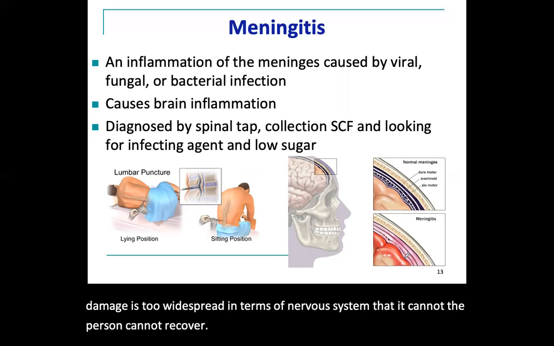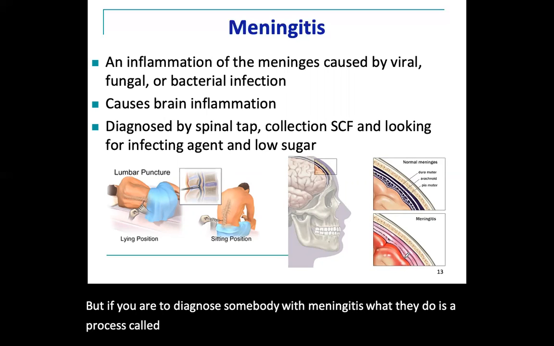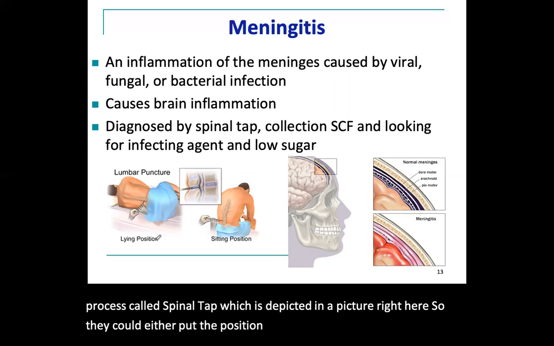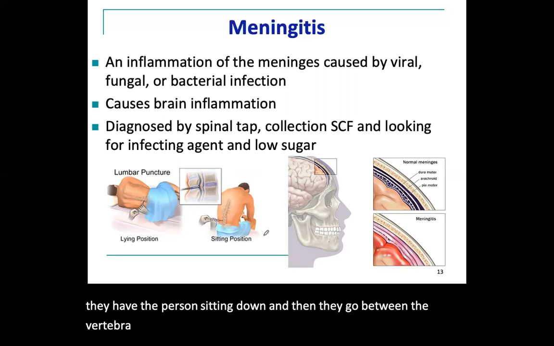But if you are to diagnose somebody with meningitis, what they do is a process called spinal tap, which is depicted in a picture right here. So they could either put the patient in the lying position, or they have the person sitting down, and they go between the vertebra and grab some of the cerebrospinal fluid that flows around the spinal cord.